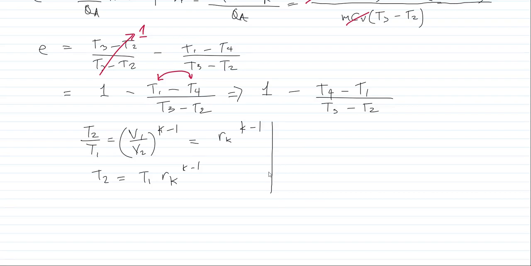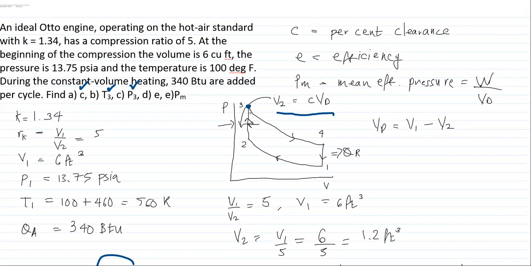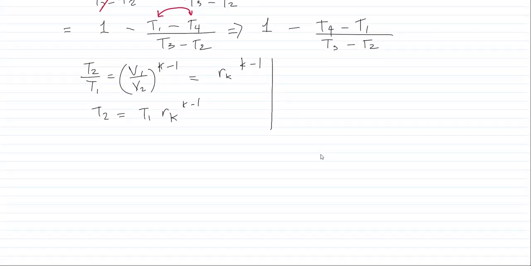Let us consider the process going from 3 to 4. We have T4 over T3 equal to V3 over V4 raised to k minus 1.